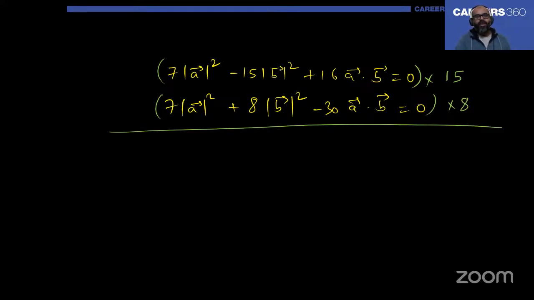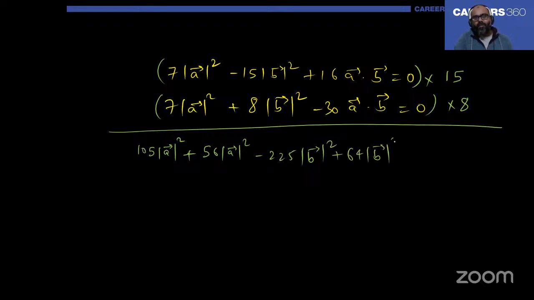It will be 15 into 7, that is 105 mod a square, plus 8 into 7, 56 mod a square, then minus 225 mod b square, and plus 64 mod b square, and 240 a dot b minus 240 a dot b will cancel, and it will be equal to 0.